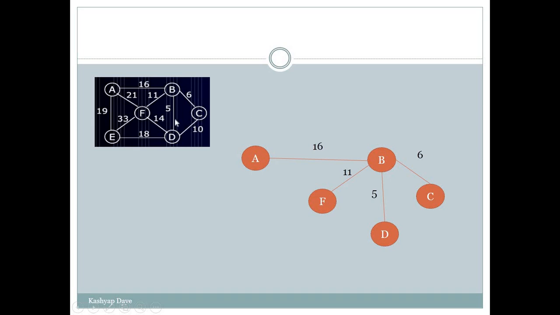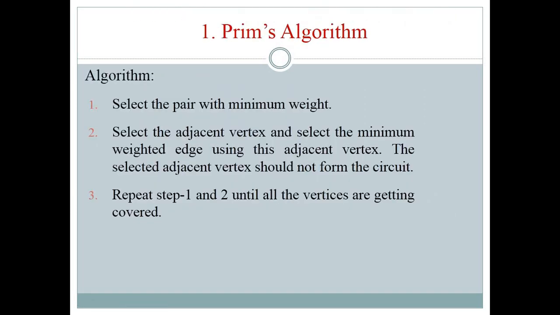Here is the question: why are we not connecting D to C with weight 10, and why are we not connecting F to D with weight 14? Our second step says we have to connect adjacent vertices with minimum weight, and the selected adjacent vertex should not form a circuit.